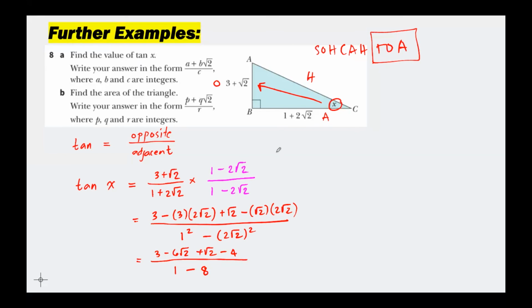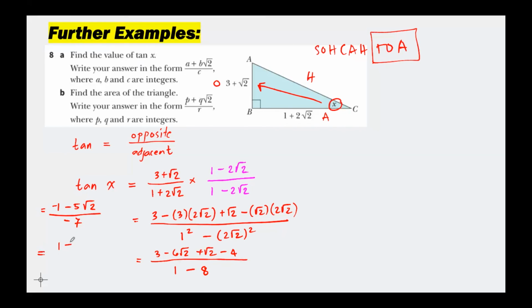Okay, so that means your tangent, we can simplify it here. So 3 minus 4 is negative 1. I'm going to write negative 1. Negative 6 plus 1 gives us a minus 5 square root of 2 divided by negative 7. So I'm going to get rid of the negative.